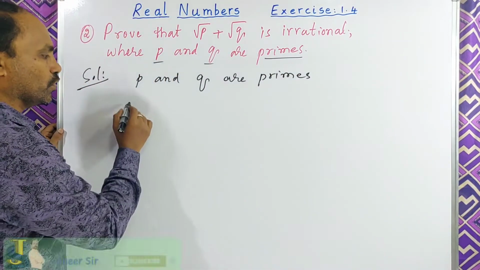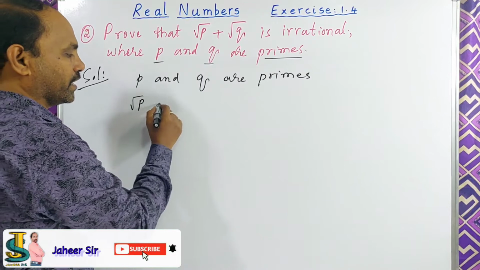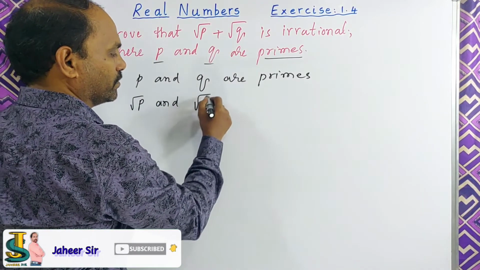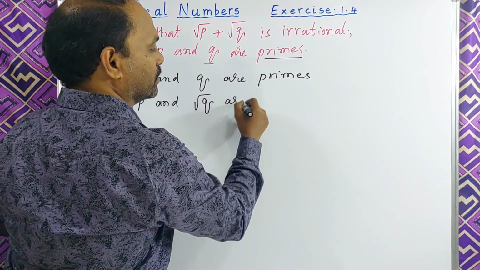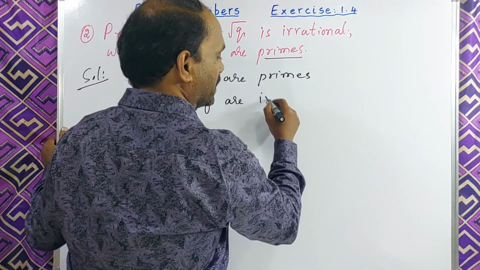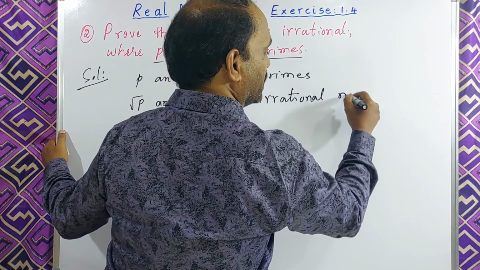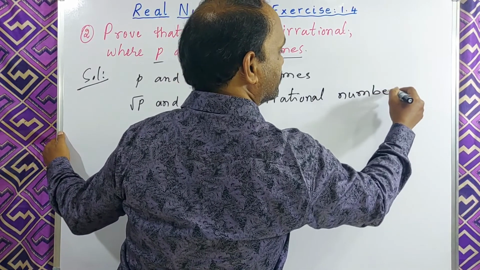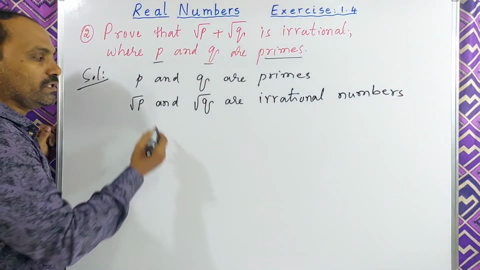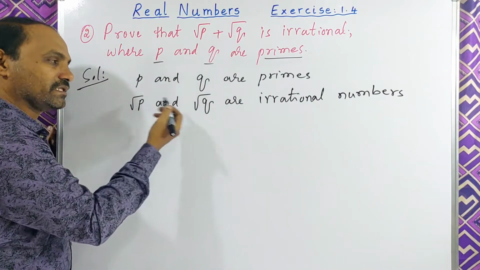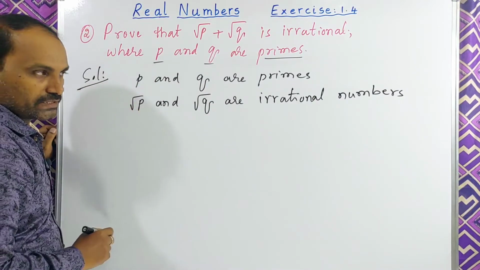It means root p and root q are irrational numbers. In square roots, if prime numbers are there, then those are irrational numbers.